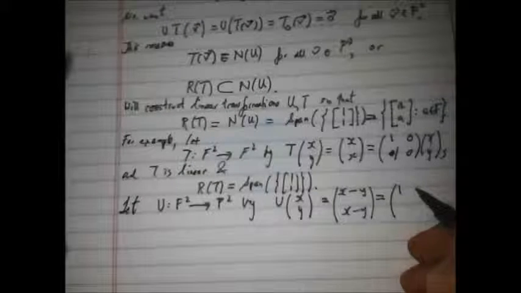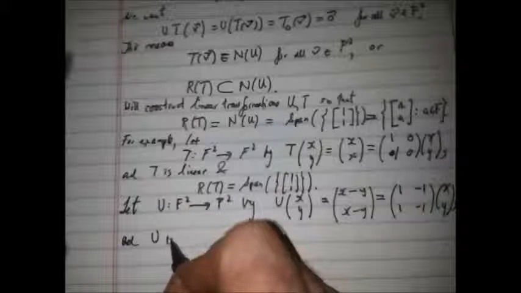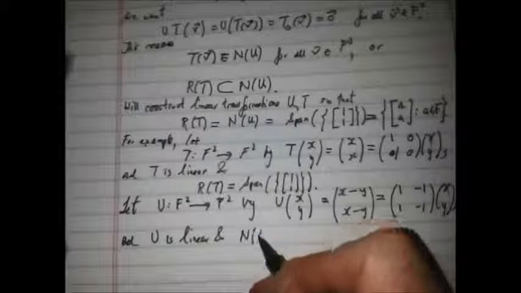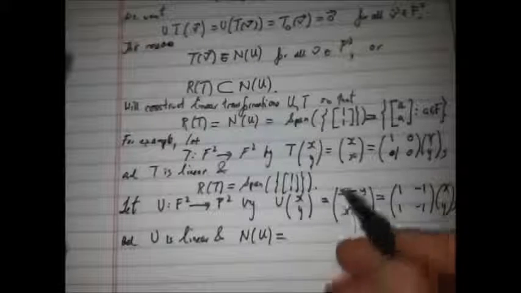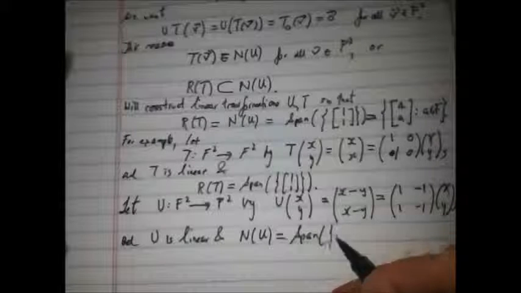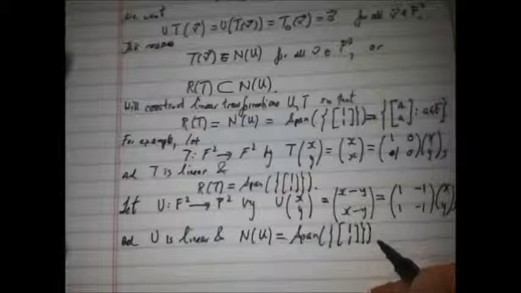And this is a linear transformation because it's multiplication by the matrix 1, minus 1, 1, minus 1. So U is linear, and the null space is the set of vectors where x equals y, and that's the span of the vector (1, 1) that we want.